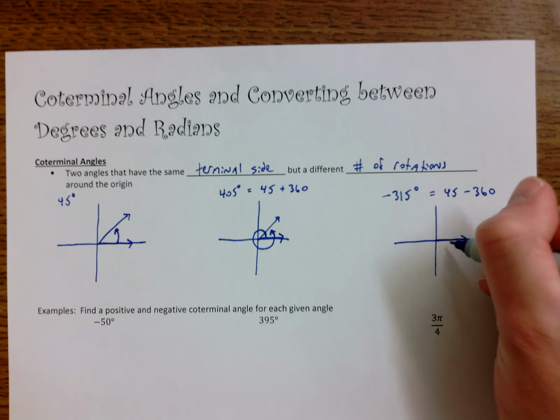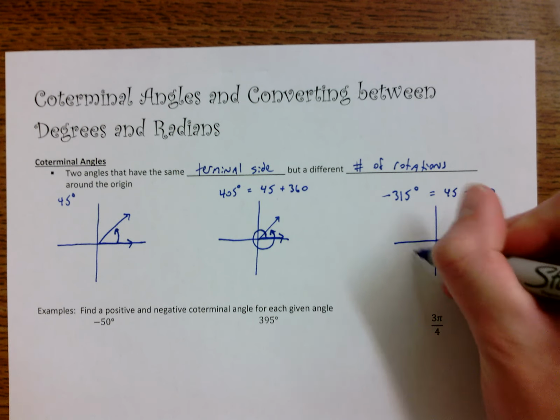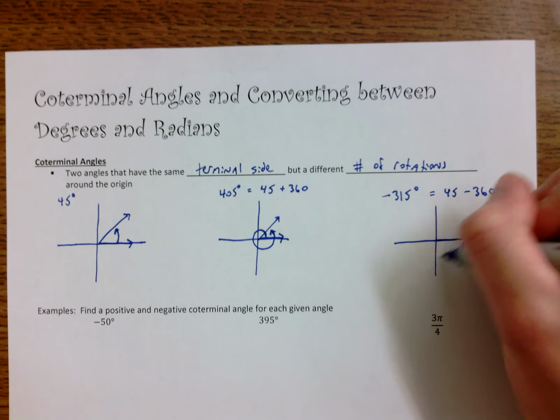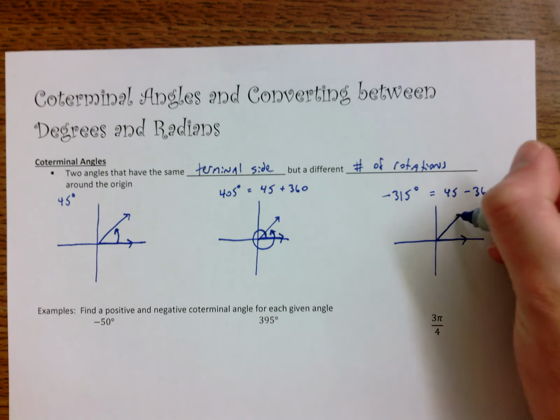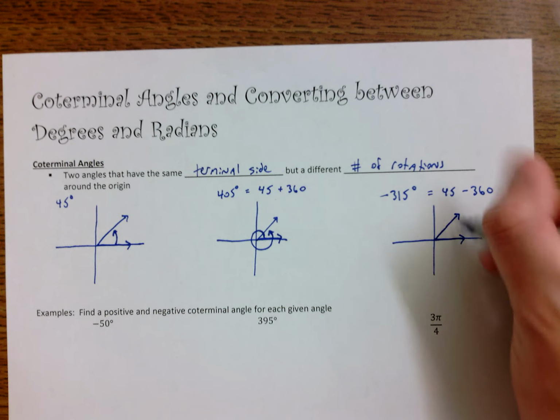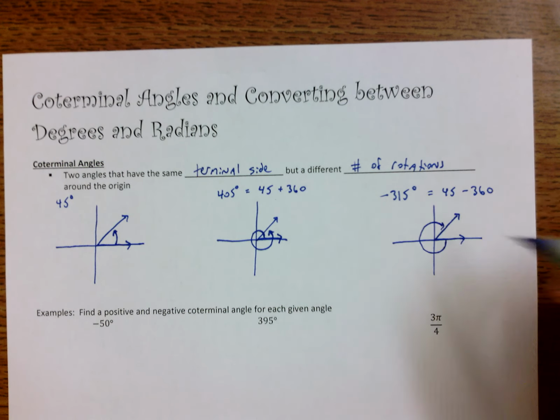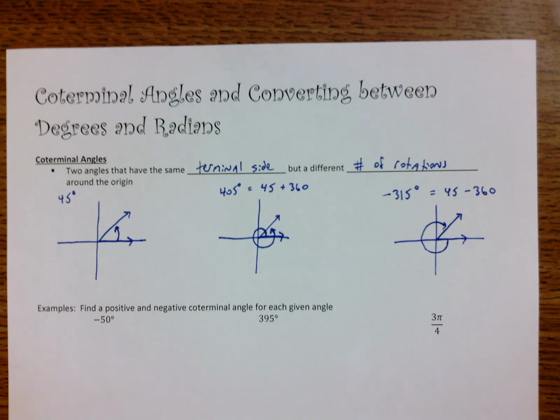So when I go to do negative 315 degrees, I would go this way, because remember, our negative angles go clockwise, right? And it would end here, 45 degrees less than the full circle. And my arrow would go this way. So this is an example of three different coterminal angles. They all end in the same spot. They terminate in the same spot, okay? But they have different numbers of loops and directions of loops around the circle. Okay, so that's all that coterminal angles are.